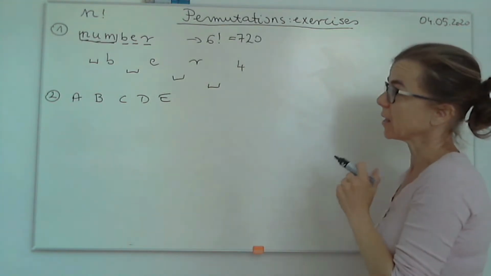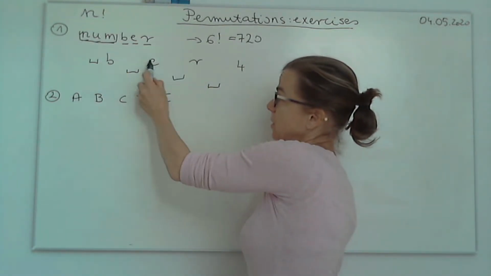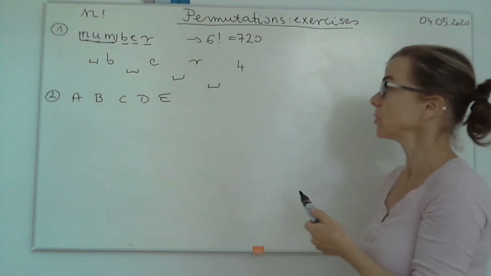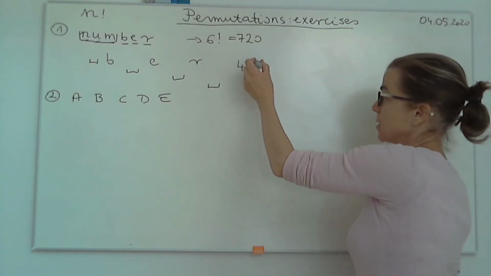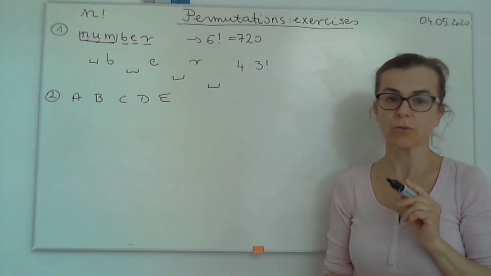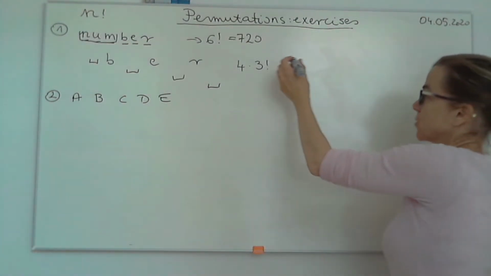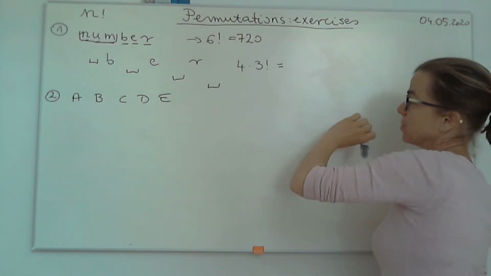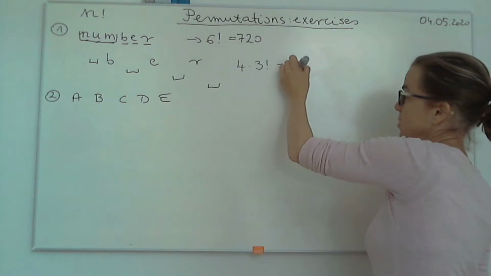And don't forget that the letters B, E, R are separate units, so they can permute among themselves, they can choose their own order. So altogether it's going to be 4 times 3 factorial, which is 24.